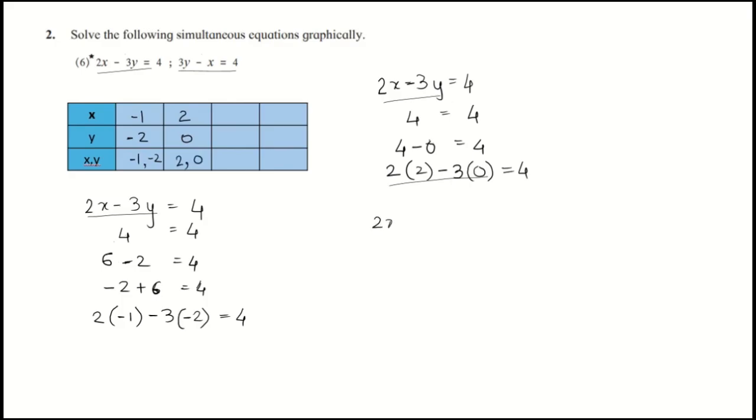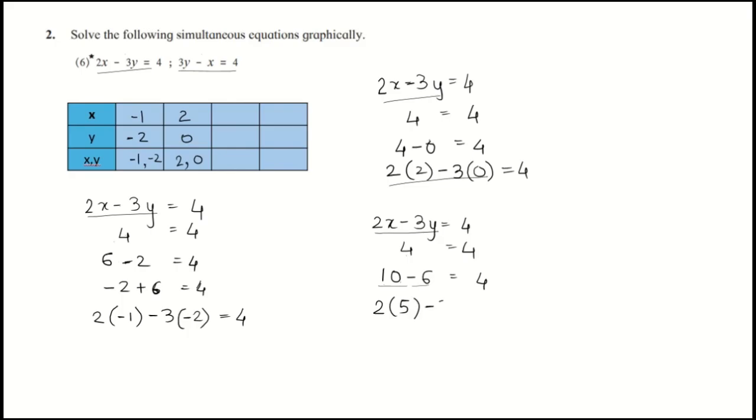We need 2 more points for this equation. On solving this, we need to get total as 4. How can we write this number 4 further? We can say 10 minus 6 is equal to 4. Why have I taken this? Because 10 is the multiple of 2 and 6 is the multiple of 3. So this can be further written in the form of this equation. Taking 2 from the equation, 2 into 5 will give us 10.